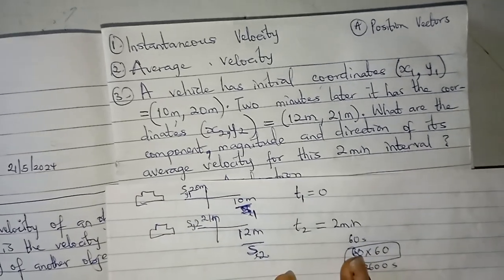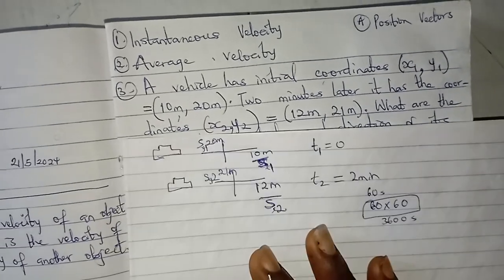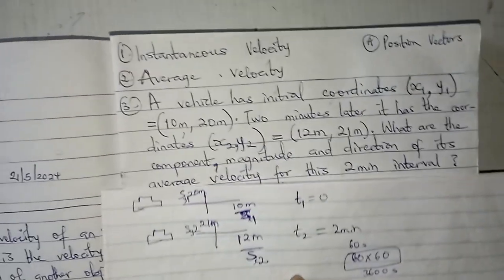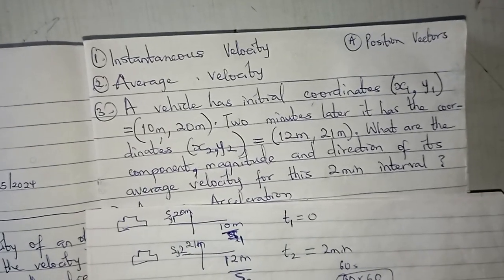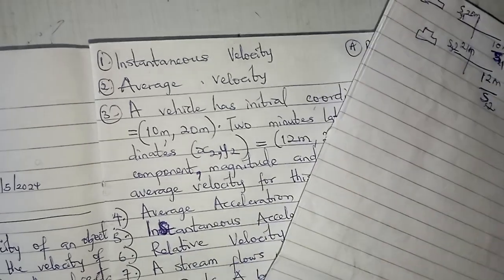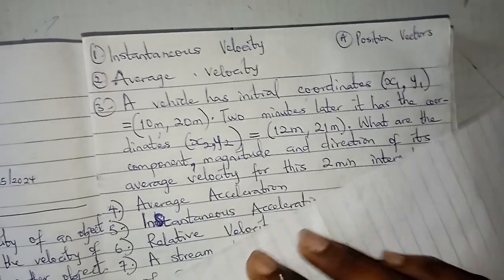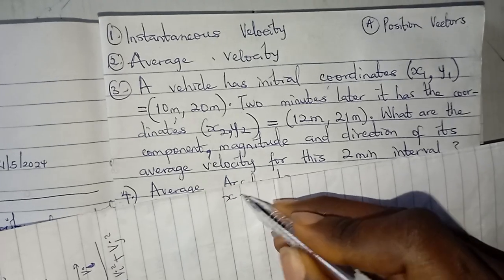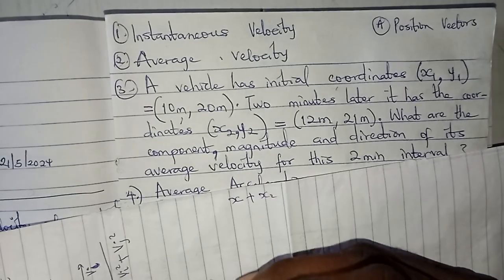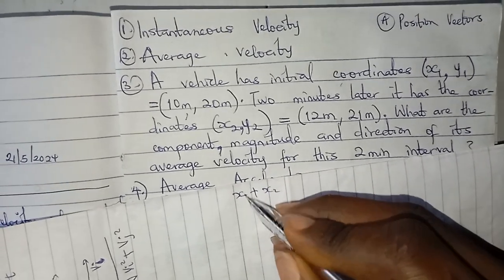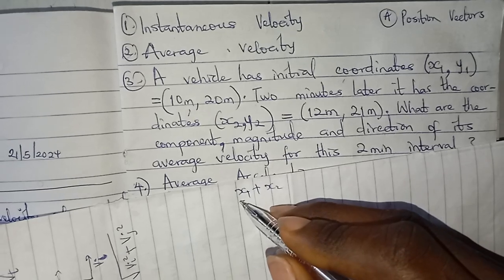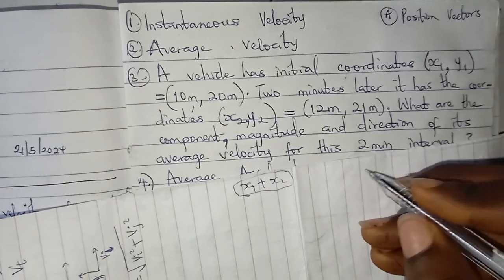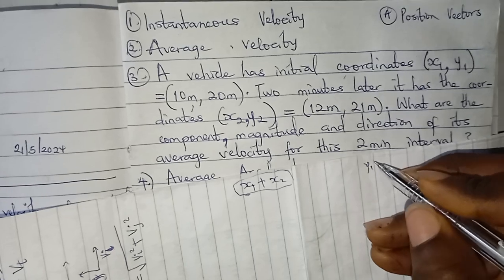So what we just need to do here is to simply get the instantaneous, or you say the position vector. Remember, position vector talks about the sum of everything that happened. Let's say if I have x1 and x2, position vector talks about summing up everything that happened on the x-axis, then everything that happened on the y-axis.